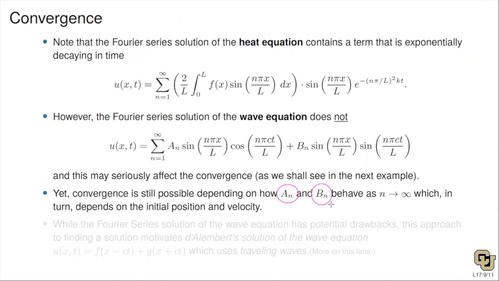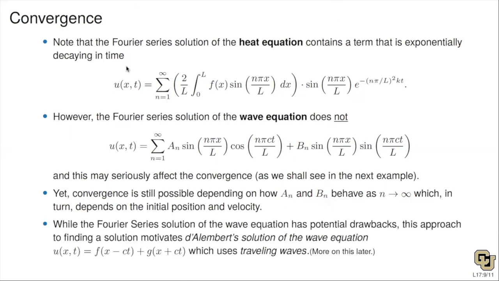So A sub n and B sub n all depend on the initial data. If the initial data is nice, it's conceivable that this will converge, though it's less guaranteed than in the heat equation, where we made a blanket statement: if your data is fairly well behaved, you shouldn't have any convergence problems.